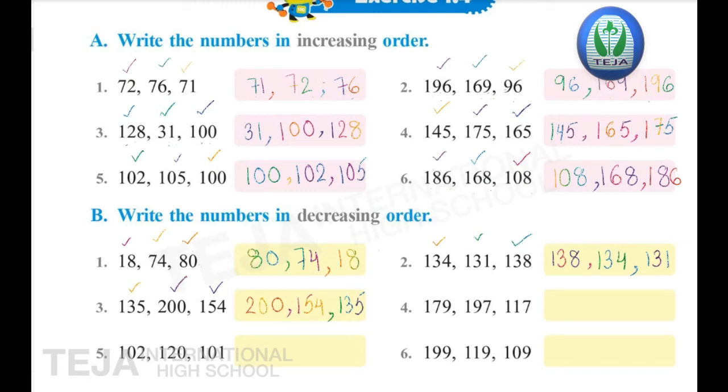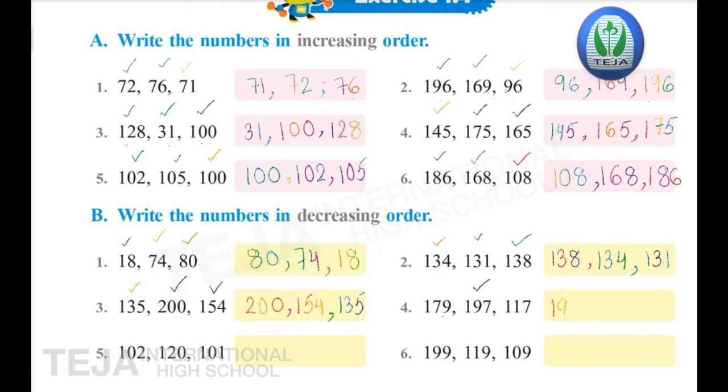Now we'll move on to the fourth question. Here the numbers in the fourth question are 179, 197, 117. All these three numbers are three-digit numbers. So here, see what is the greatest number here, children? 179 or 197 or 117. The greatest number among these three numbers is 197.